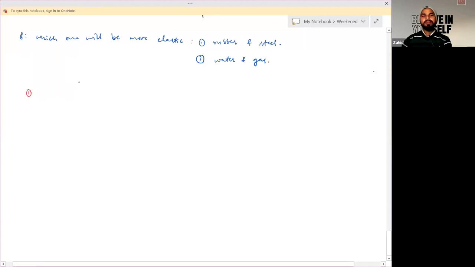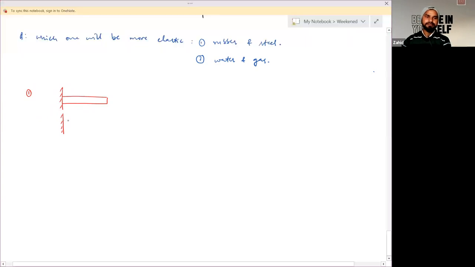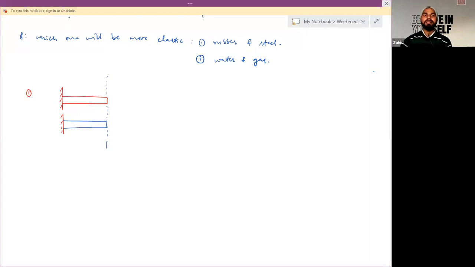For the first part, let's say this is your support from which a rubber and steel of the same length are taken. Mamuna, I have asked you how you would define which one will be more elastic. So you have to prove it mathematically.